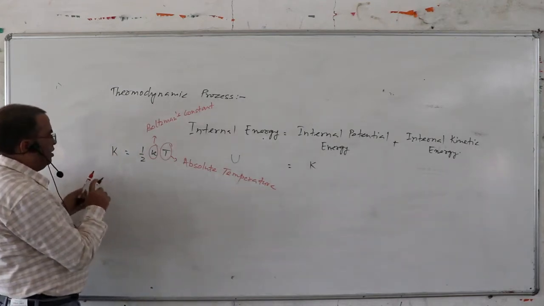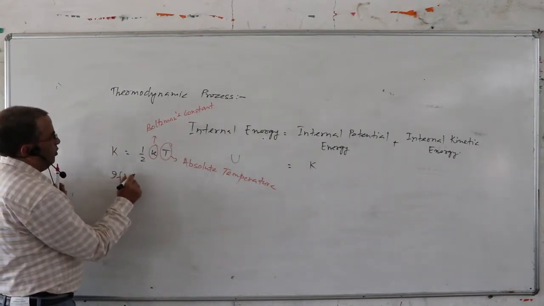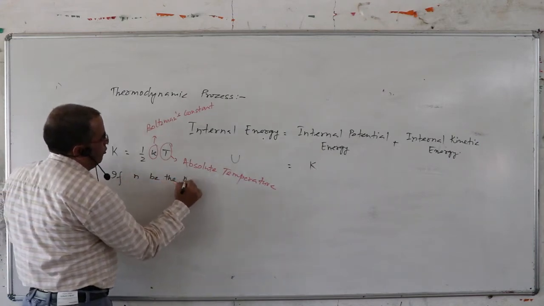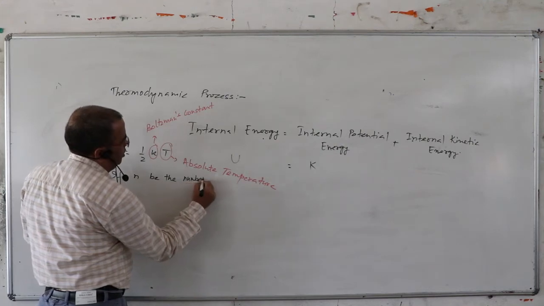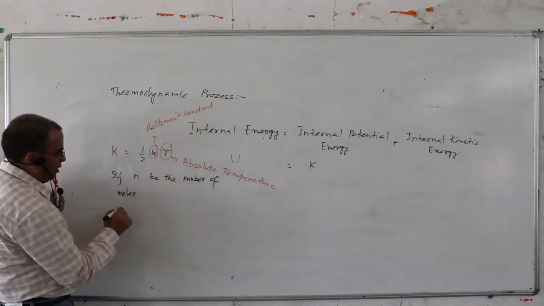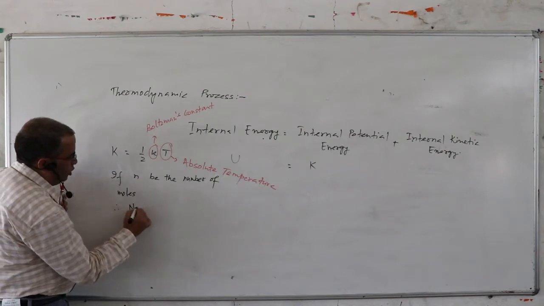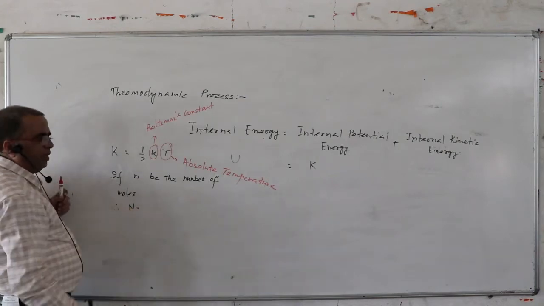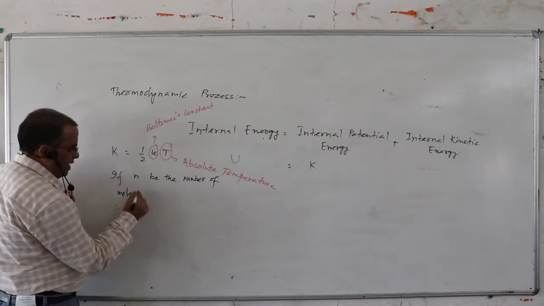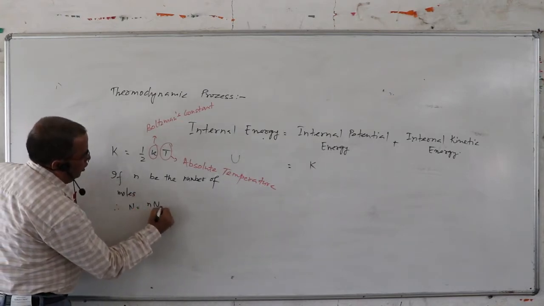And if n be the number of moles of the gas, then the number of molecules N will be, as you all know, in 1 mole there are Na molecules, so n into Na.